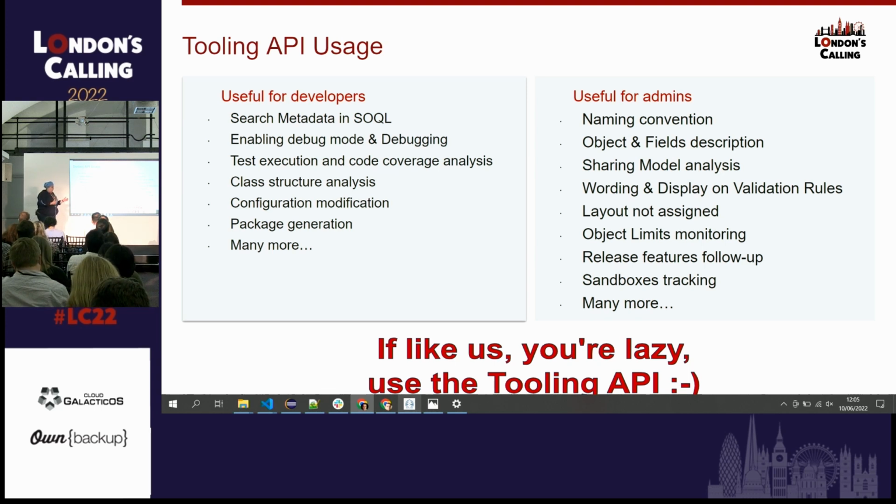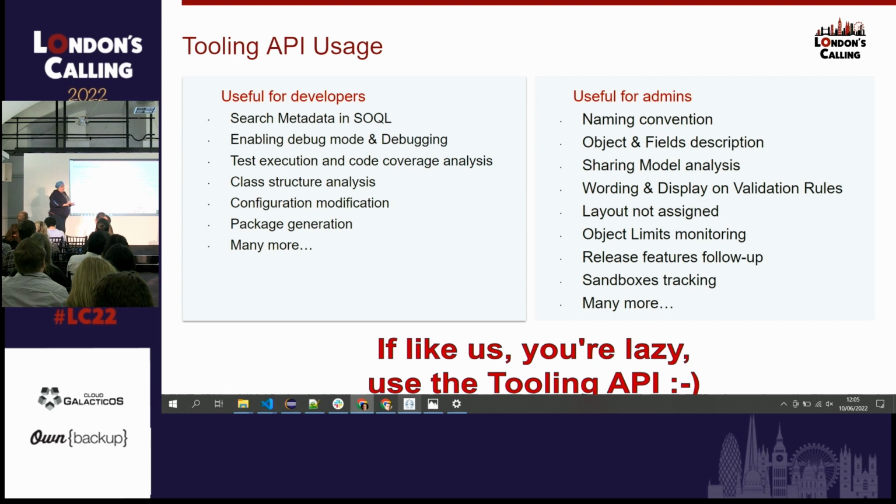You can use the Tooling API. We had this morning another session related to the Dependency API. Well, it's related. It's also used for debugging, testing. All the development and deployment cycle is involved in the Tooling API.